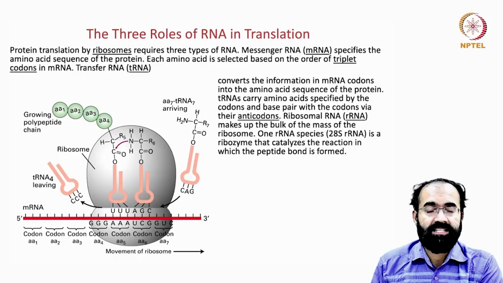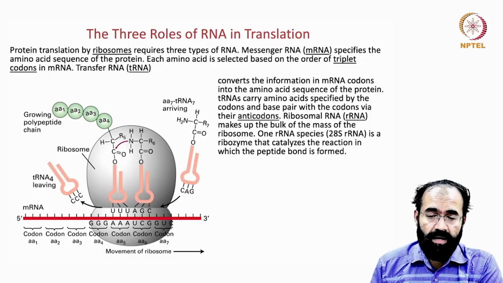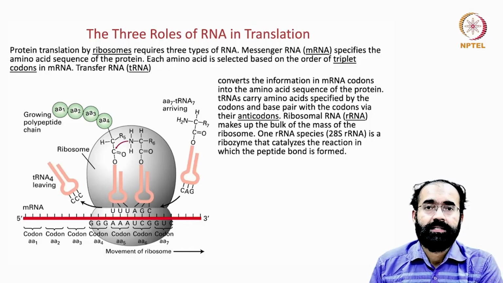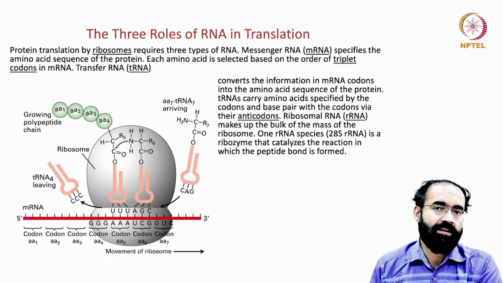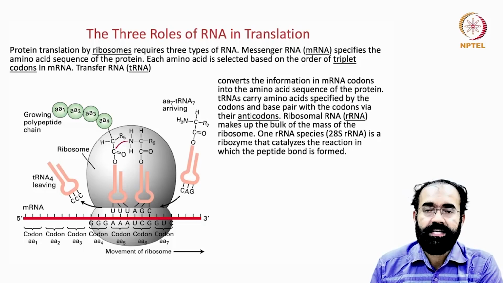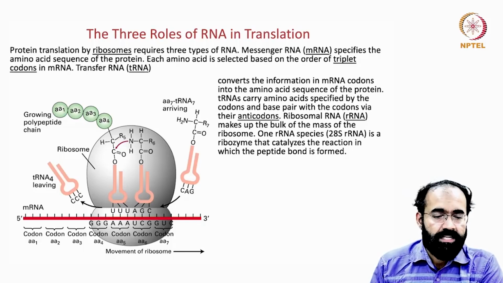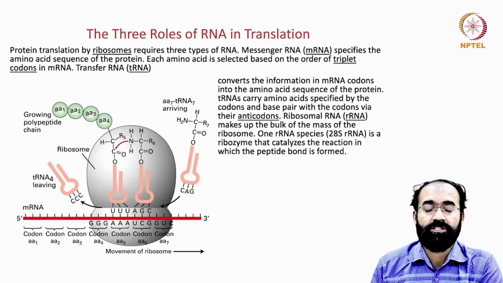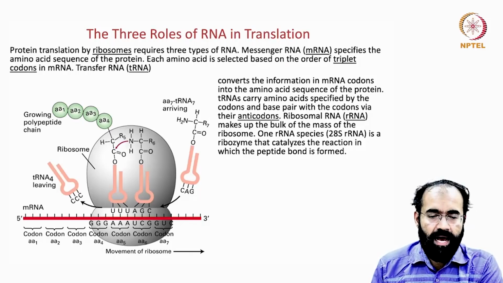Protein translation by ribosomes requires three types of RNA. The first one is the mRNA, or the messenger RNA, which carries the message from the genome for a specific gene into the cytoplasm. This specifies the amino acid sequence of the protein that is going to be made from this RNA.